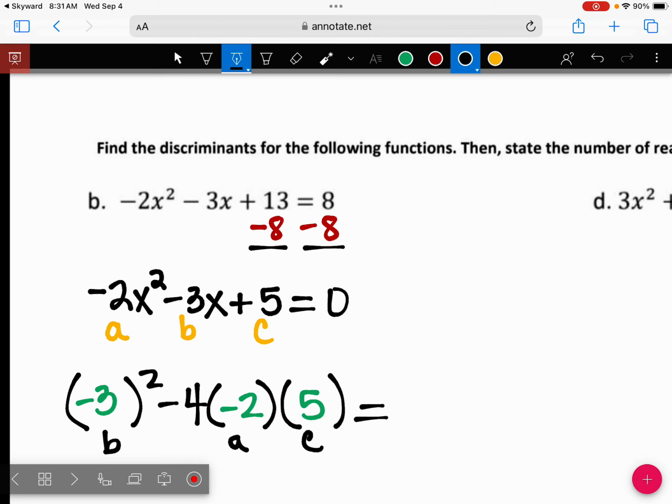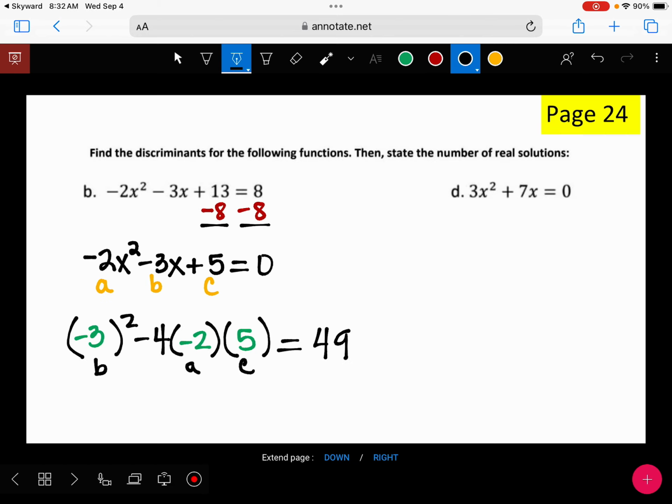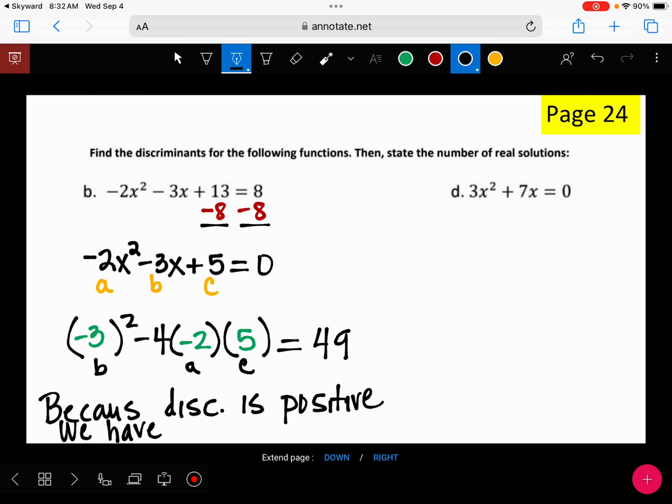Positive 49. Who got 49? You can look at her calculator. She probably typed it in wrong. So positive 49. So because it's positive, how many solutions do we have? 2. Yep, we have 2 solutions. So that means this parabola is going to cross the x-axis twice.